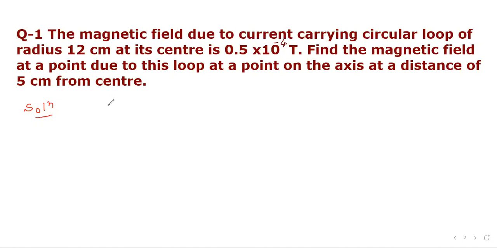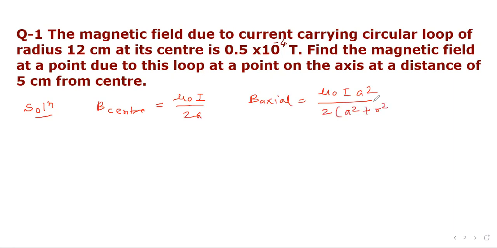So we know that B center is given by mu naught I divided by 2A, where A is the radius, and B axial we have just derived: mu naught I A square divided by twice of A square plus R square power 3 by 2.